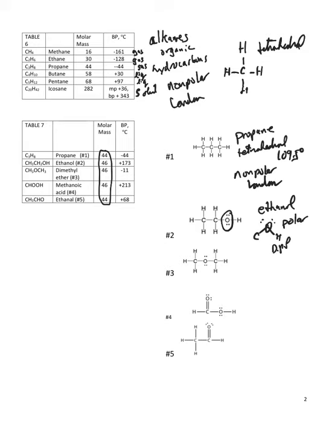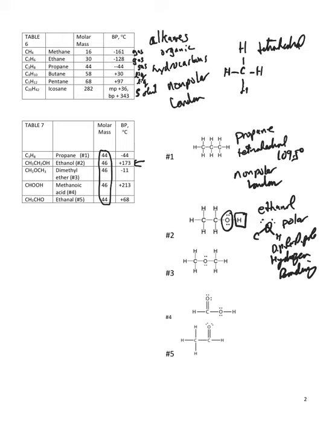So it's got dipole forces. We can see it's got a boiling point of 173 versus minus 44. Not only does it have a dipole, it's got a hydrogen that's directly covalently bonded to an oxygen, so it has hydrogen bonding capabilities. Between those two, that makes the boiling point very high.